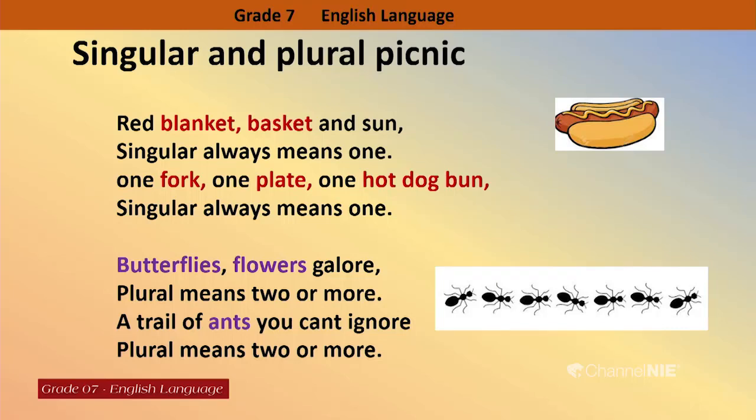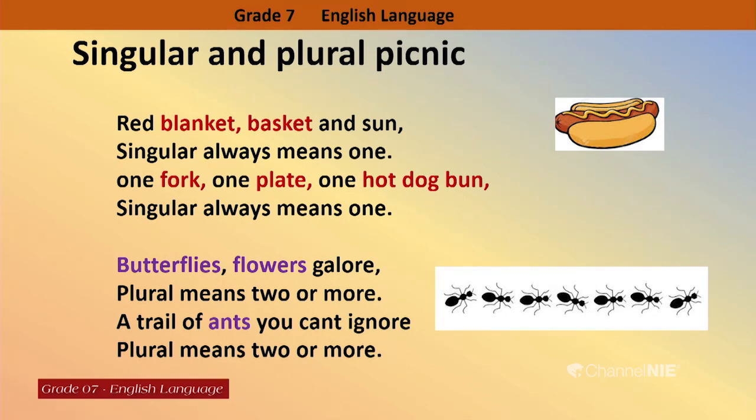Singular always means one. Butterflies, flowers glow. Plural means two or more. A trail of ants you can't ignore. Plural means two or more.